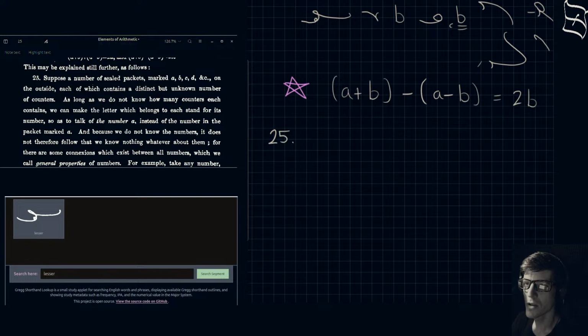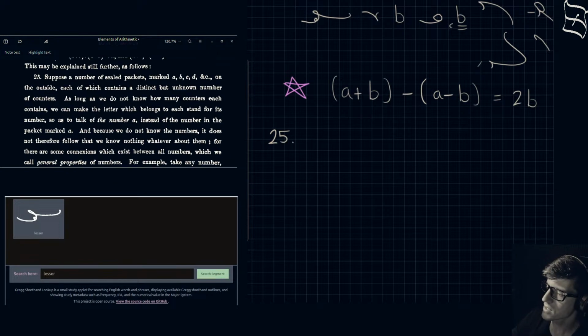Okay, 25. Suppose a number of sealed packets marked A, B, C, D, etc. on the outside, each of them contains a distinct but unknown number of counters.